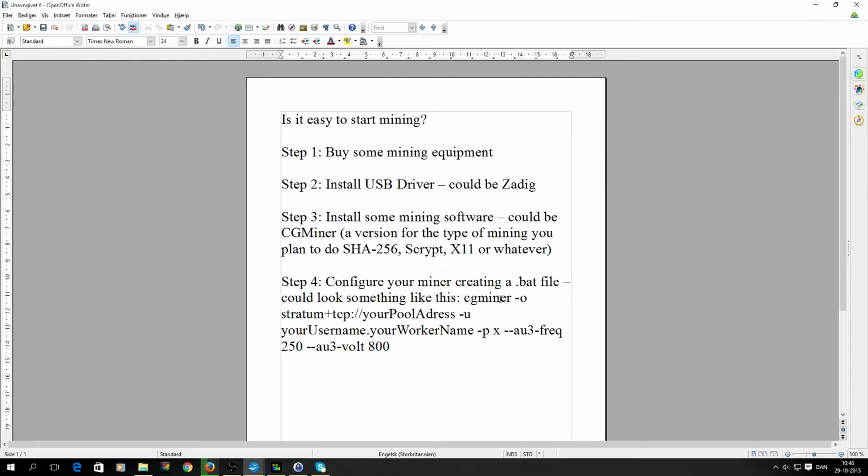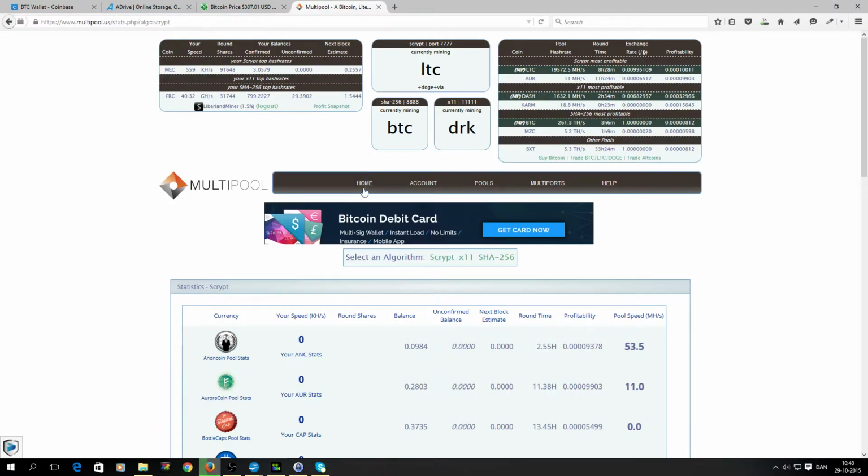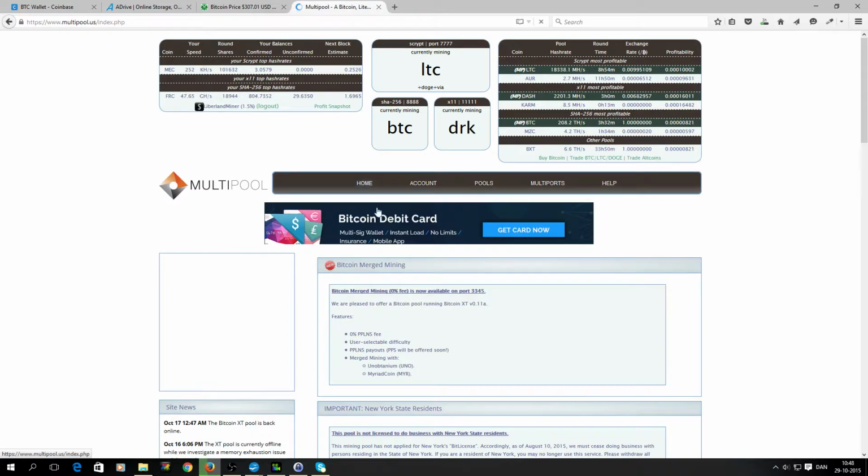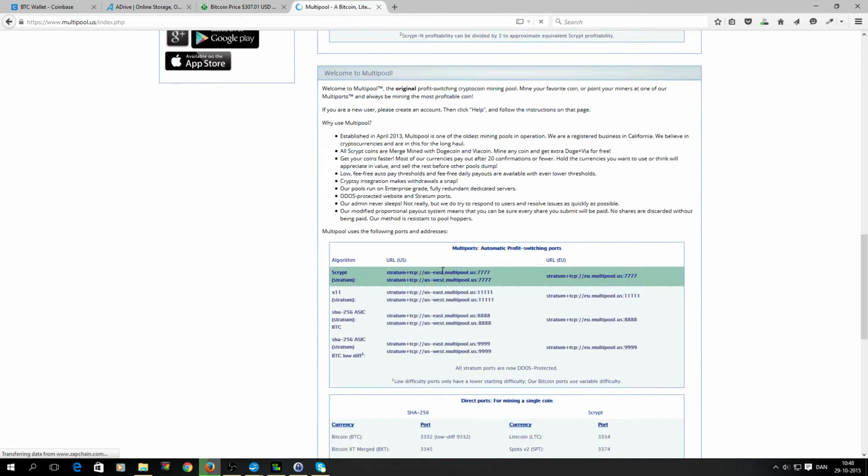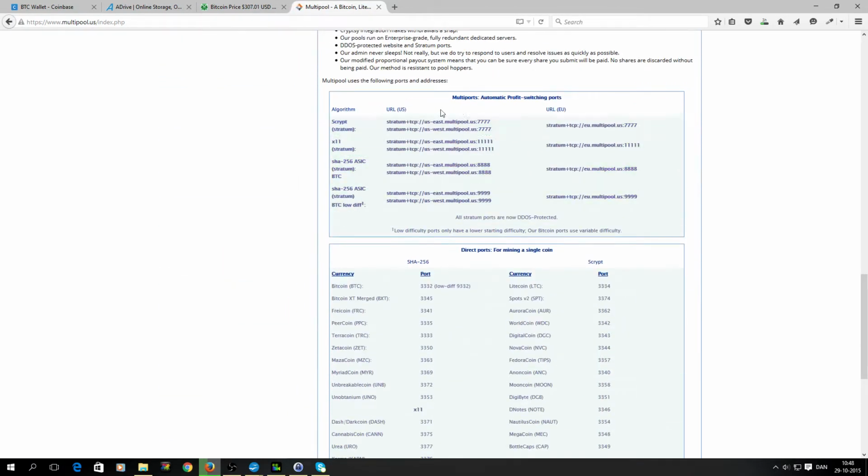It would be the name of the software and then your pool address. If we go back to multi-pool in this case, you would see here the pool addresses. You will find this in the pool that you have joined, or alternatively, if you are mining a coin directly, you will find this at the coin's website.